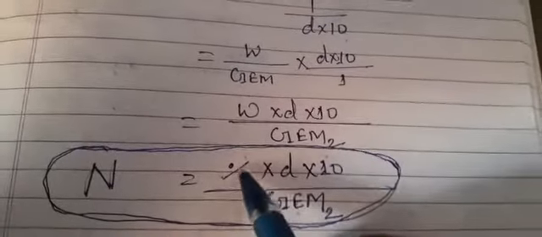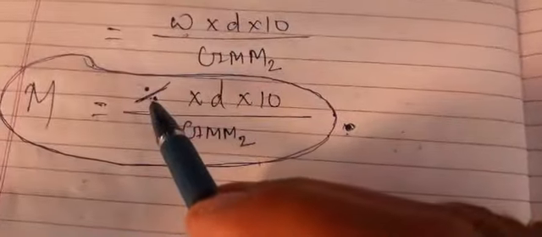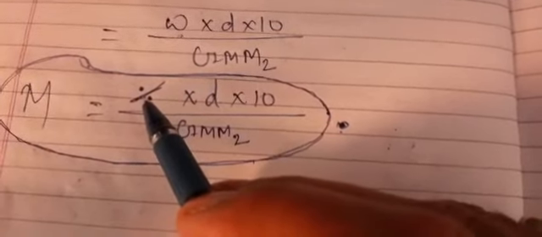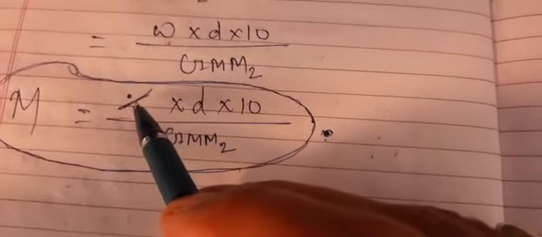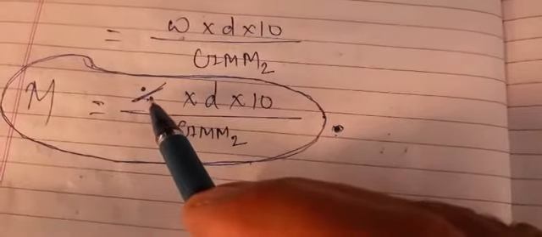This percent indicates only the numerical value of the percentage composition. If it is 10%, write 10 only, not 10 by 100 or 10%. If it is 12%, write only 12, not 12% or 12 by 100. So remember this. This is the second relationship we have discussed.